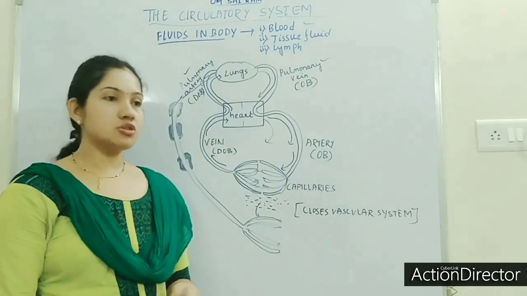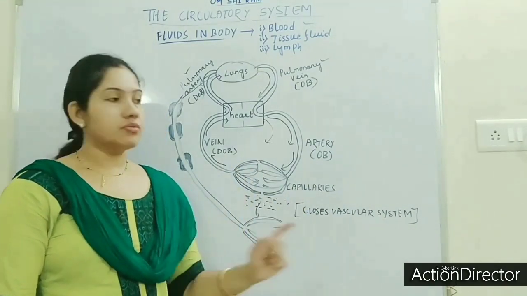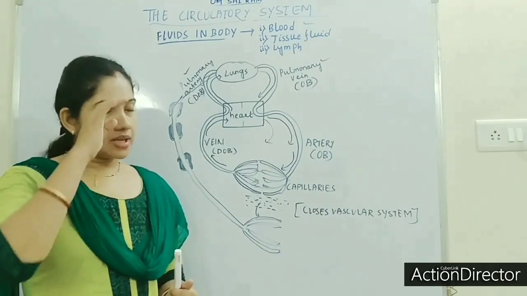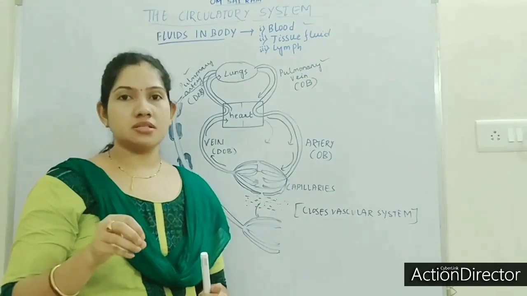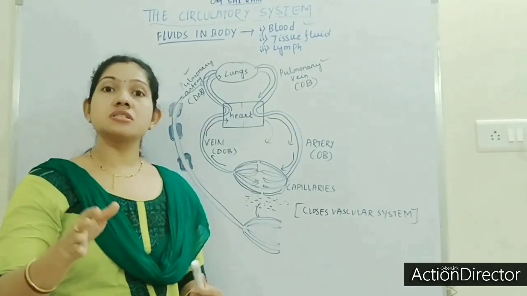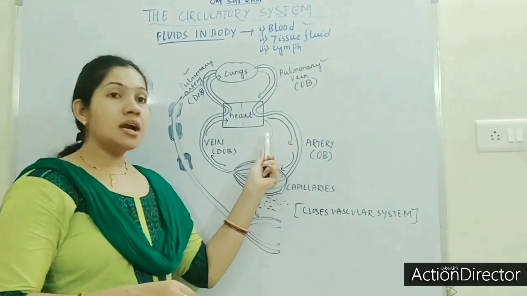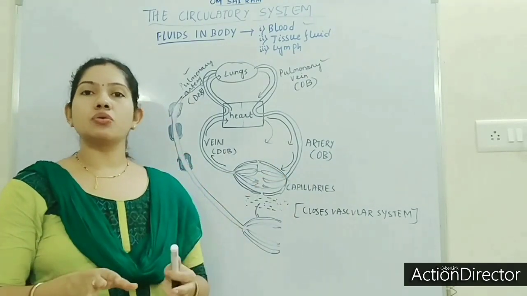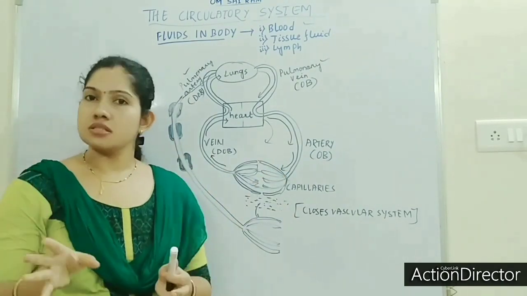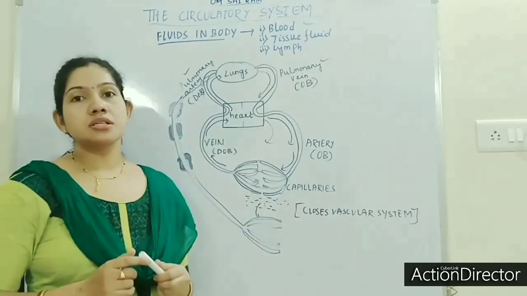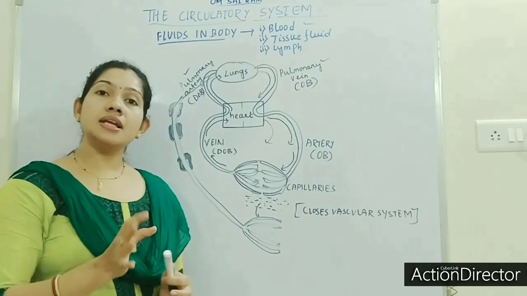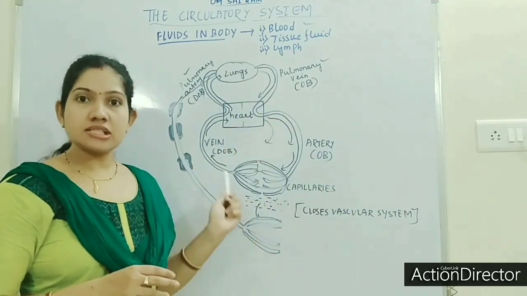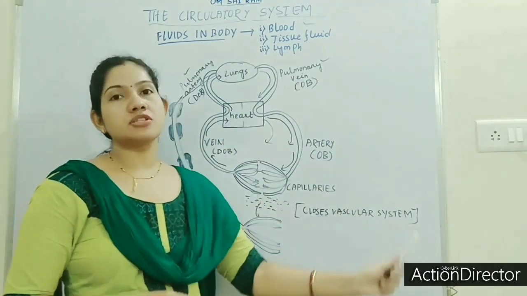That kind of system, where blood is flowing in the body without any blood vessel, is known as an open vascular system. And the system where blood and lymph flow inside vessels is known as the closed vascular system.